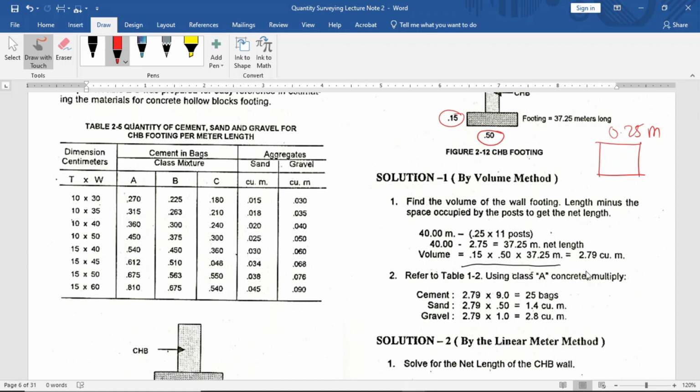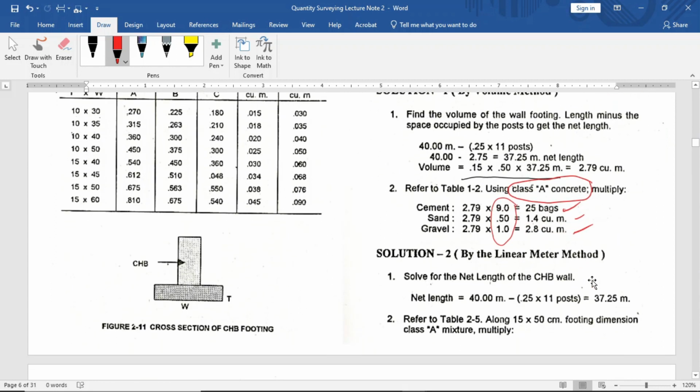So, refer to table 1-2, kasi concrete po ito, hindi po ito hollow blocks. Class A, 40 kilograms, 9.5 tsaka 1. So, ang total bags is 25. Sand is 1.4 cubic meters. Gravel is 2.8 cubic meters. So, yan yung para sa CHB footing.